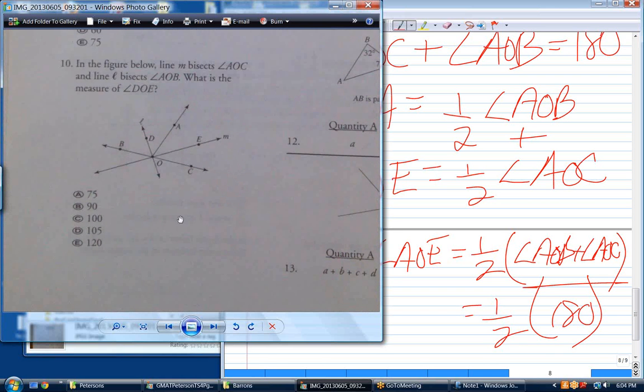So you can't assume that it's drawn to scale. But if you were running out of time and you had to make a guess, you're certainly going to guess what you see. And what that really looks like is a 90-degree angle.